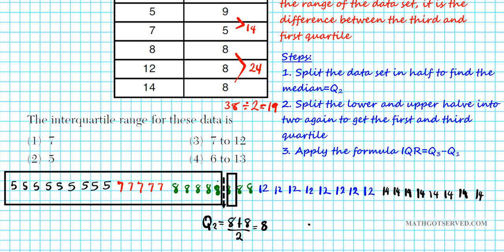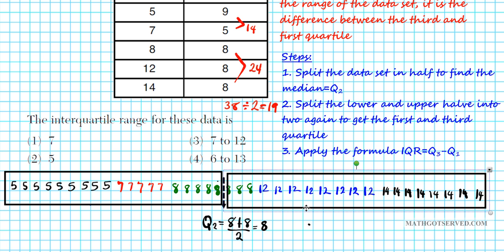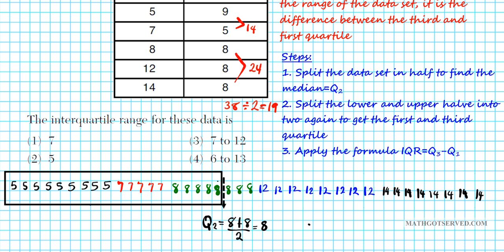And then you group this entire data set with each other, and then you ask yourself, what is the median there? Okay, so that's basically what we're doing. All right, it's like we're creating a new problem with two parts. Okay, so let's go ahead and find out what the median is for the lower half and then the upper half.